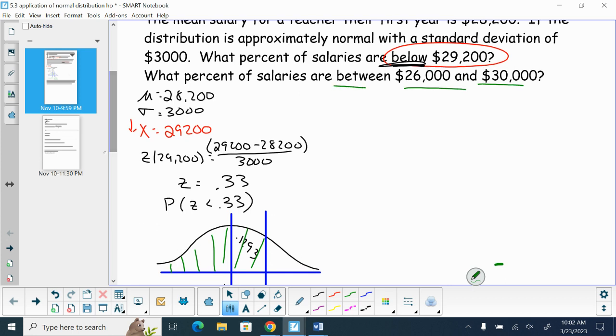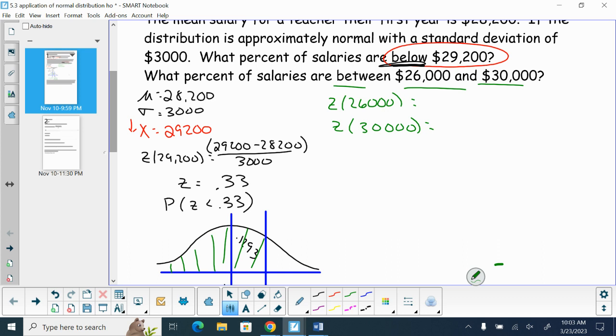We want to find the percent of scores that are between 26,000 and 30,000. So we need to calculate a Z value for 26,000 and a Z value for 30,000, and we want to be in between these two Z values.